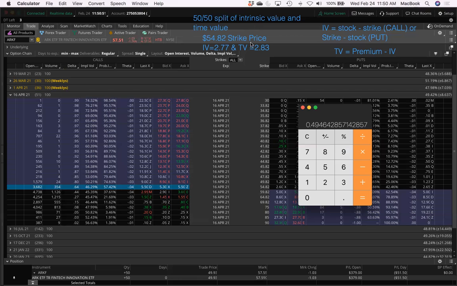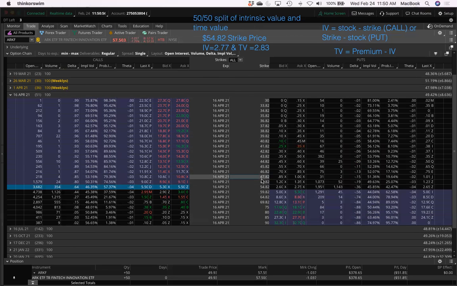Okay. So just to give another example, let's say that we looked at doing the 47.82 strike, right? So you can see how this is off. Instead of the 54, which obviously is the ideal strike price that we would select based on their math, let's say you wanted to go for the 47.82 strike price.